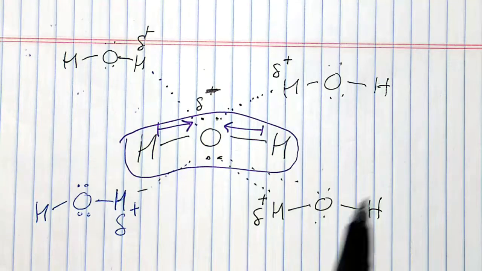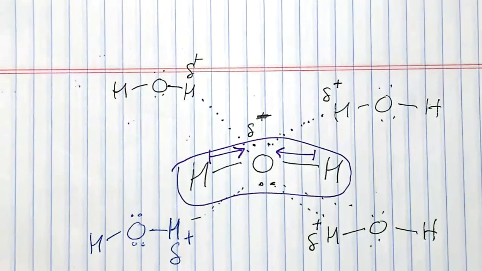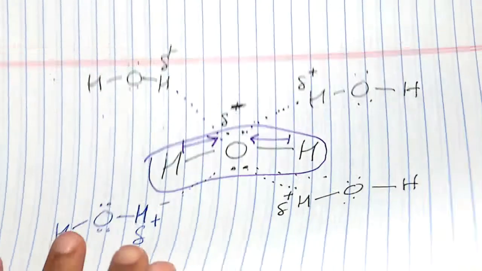Not just water to itself, but water to maybe an amino group found in a protein, or a hydroxyl group found in a carbohydrate. So hydrogen bonding is very important when we talk about how molecules achieve a stable three-dimensional structure. It is a very important property.